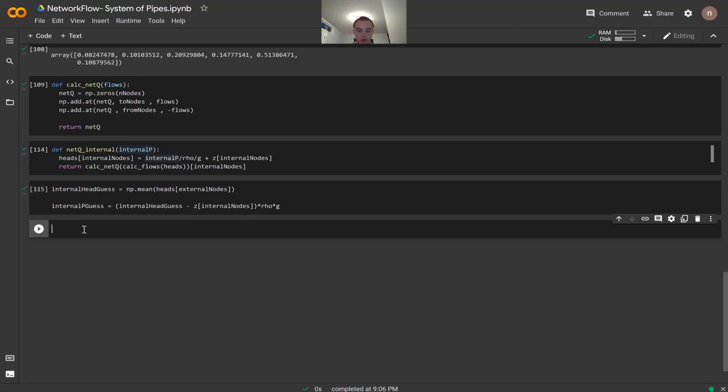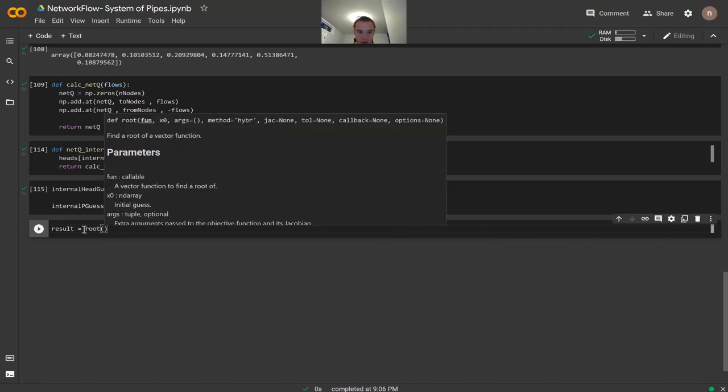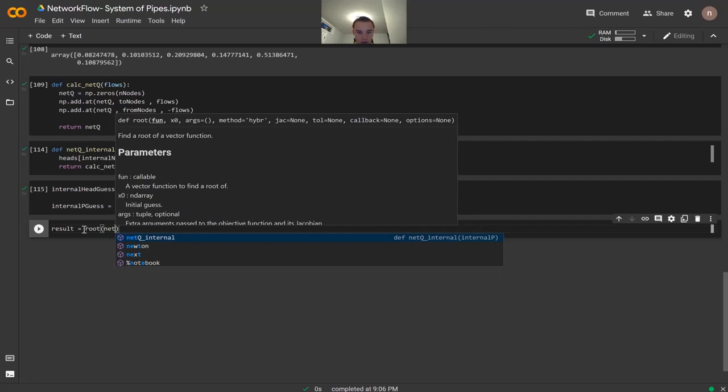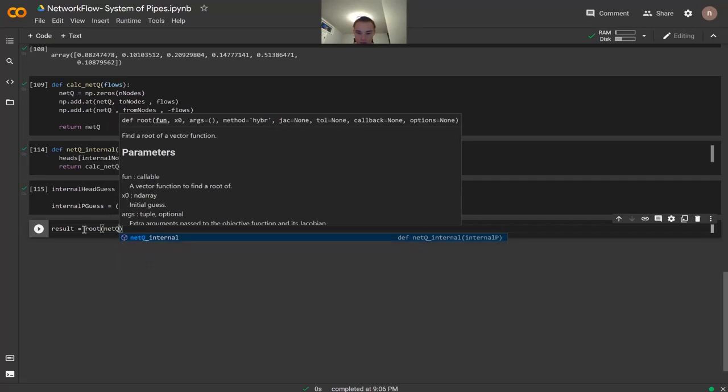So now we can get our result from this root function. We can go ahead and check it. So result equals root, and this will be taking in our function, our net q internal.